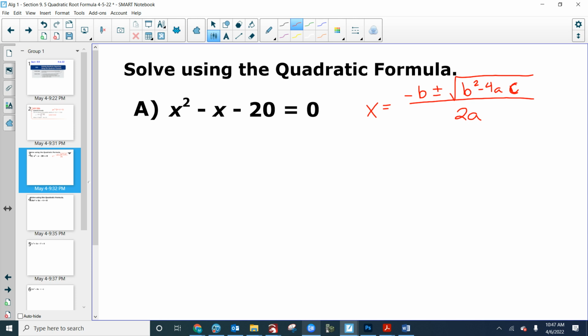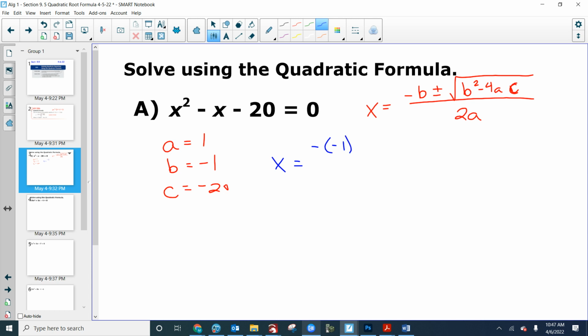First thing I would do after you write down the quadratic formula is to label A, B, C. What's A? 1. What's B? Negative 1, and C is negative 20. Yes, put those signs on the values. So here we go, let's plug it into the formula. X equals, I'm going to put the opposite sign out front, the opposite of -1.